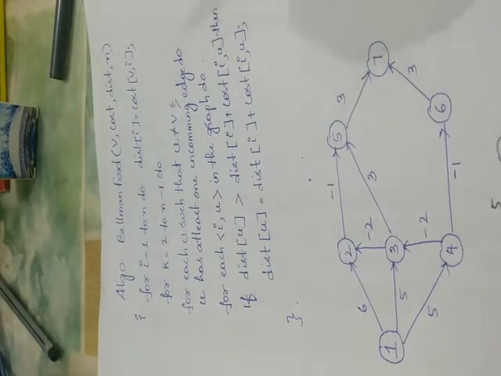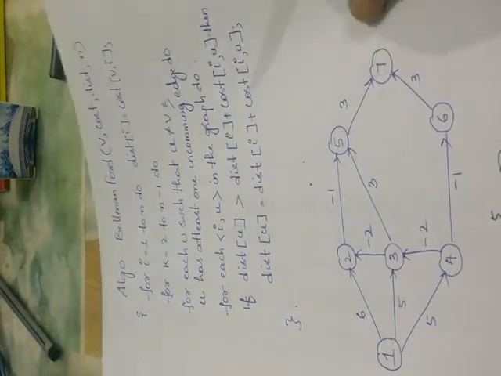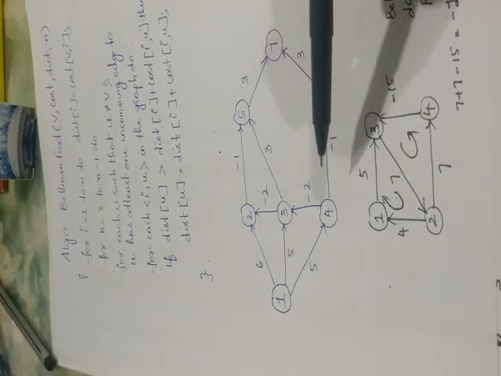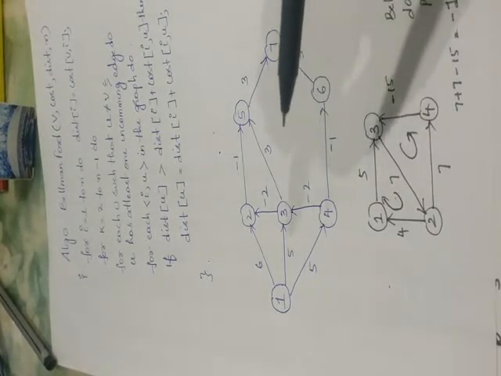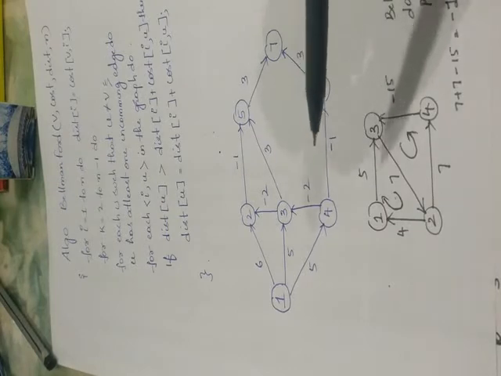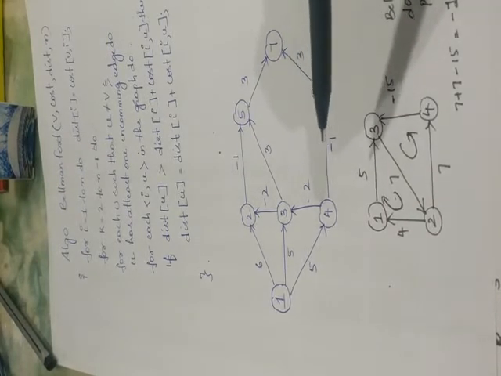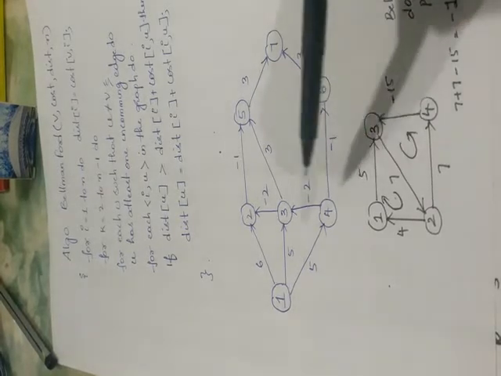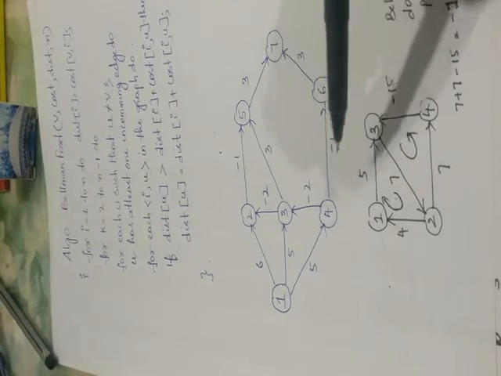This is the algorithm. So here I have shown you two graphs, and Bellman-Ford doesn't work in case it has a negative edge cycle, in case it creates a negative value on moving through the cycle.